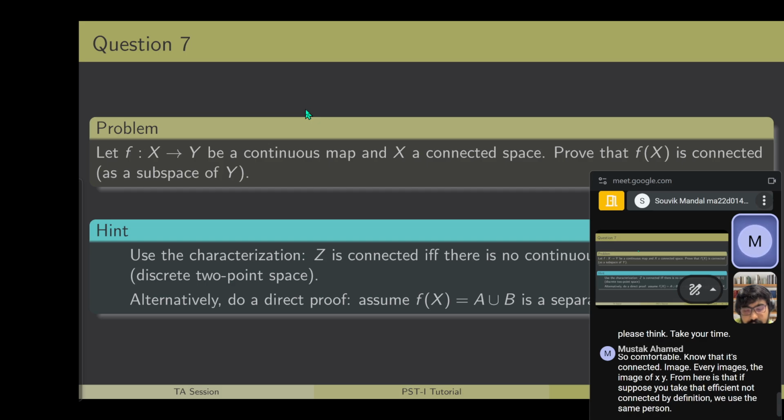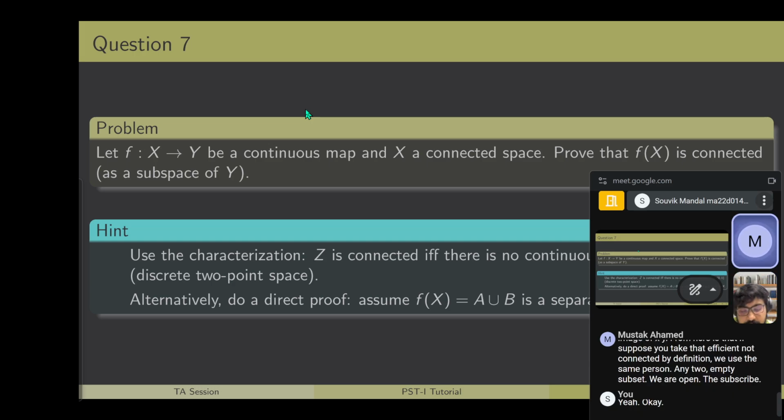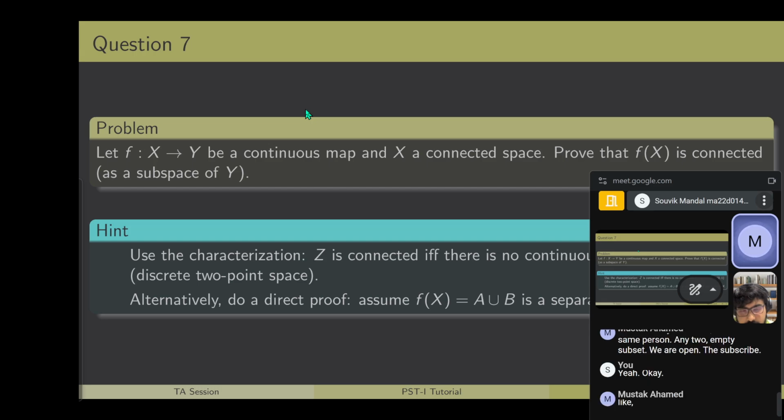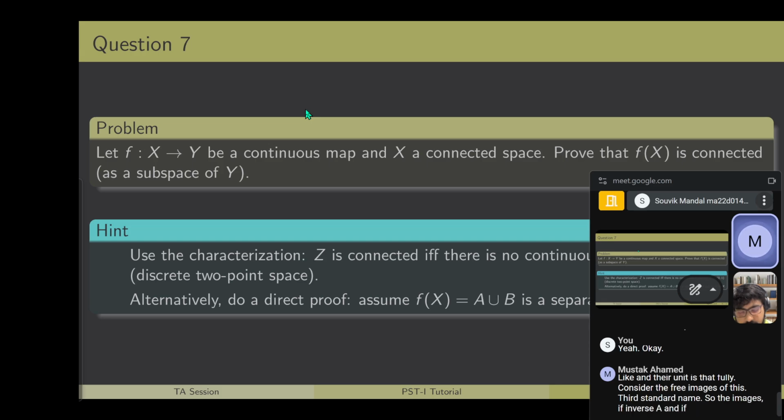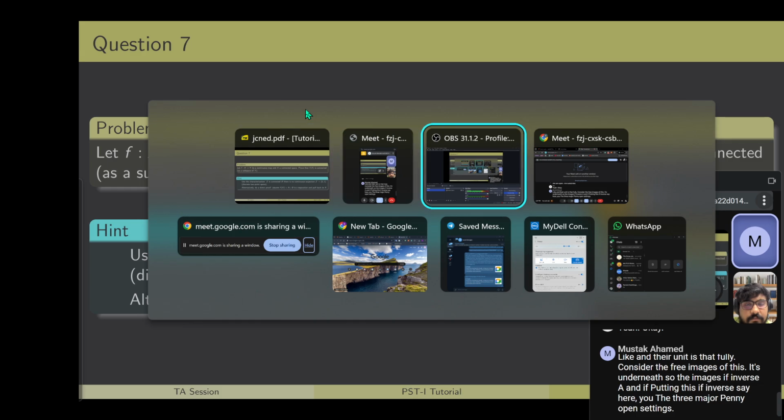That means there are two non-empty subsets A and B that are open in the subspace topology of f of X, their intersection is empty, and their union is the full f of X. Consider the pre-images of these sets under f, f inverse of A and f inverse of B. Take U equal to f inverse of A and V equal to f inverse of B. Because f is continuous, the pre-image of any open set is open.